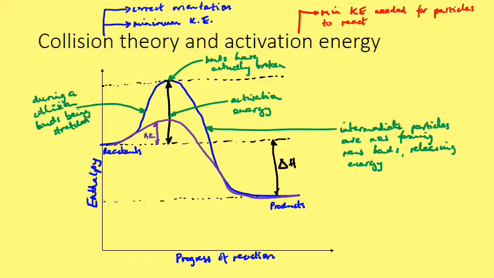Then you can clearly see that it's more likely that many more of the particles will have that smaller activation energy in order to react, and so the reaction is more likely to happen, and it will happen at a faster rate as well.